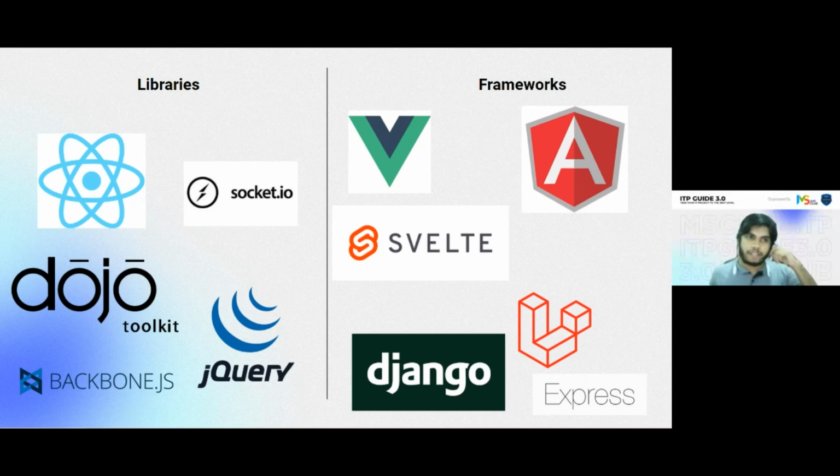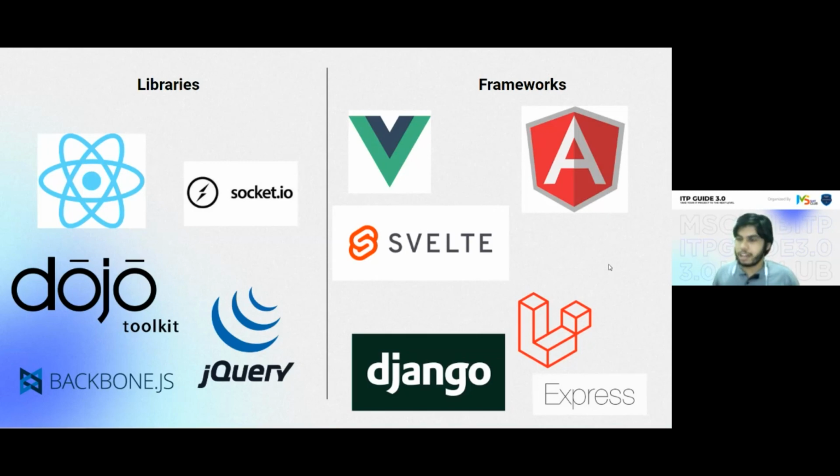And on the right, you have a couple of very popular frameworks. You have Vue.js, AngularJS, and Svelte. These are front-end frameworks. And to the bottom right, you can see Django, Laravel, and Express, which are basically backend frameworks. I'll come to frameworks in more detail in a while when I talk about tech stacks.